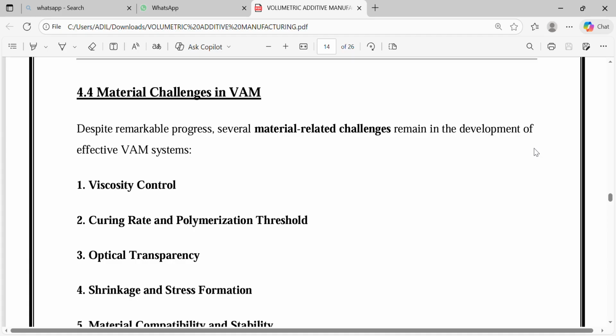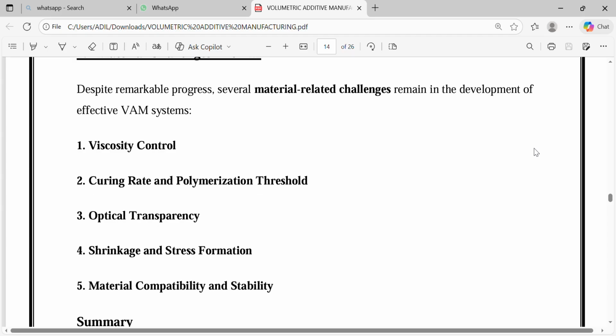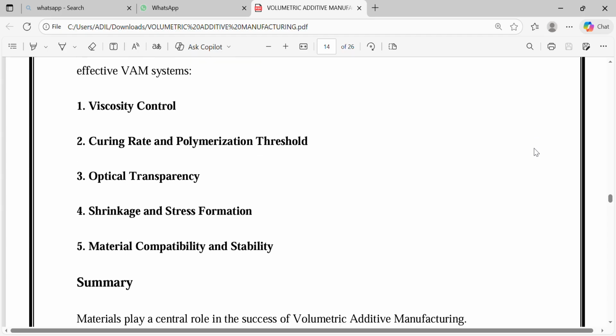It is caused by polymerization shrinkage, thermal effects, and internal stresses. Fifth challenge is the material compatibility and stability, which includes the resin stability over time, compatibility with printing hardware, and material degradation during printing. It affects the print quality, reproducibility, and material properties.